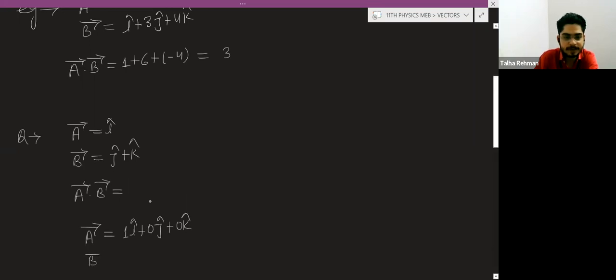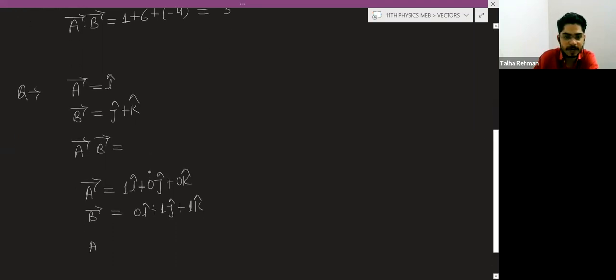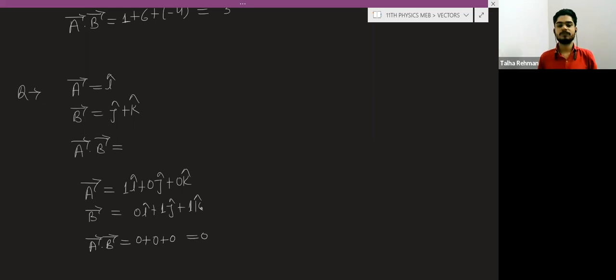B vector can be written as 0 I cap plus 1 of j cap plus 1 of k cap. So now find A dot B. When you find it, you will multiply this 1 with 0, so this will become 0. Then plus sign, then you will multiply this 0 with 1, again here will be 0. Plus sign, then here 0 with 1, again 0. The answer will be 0.